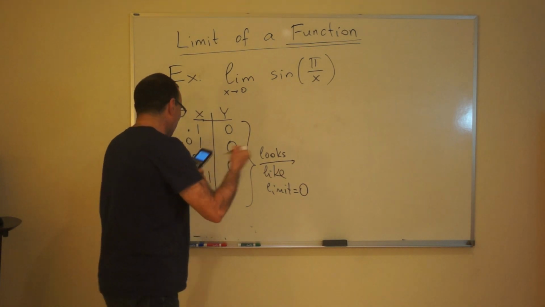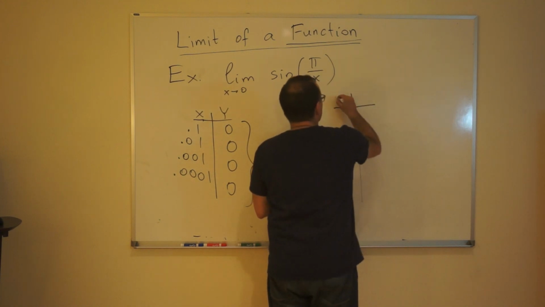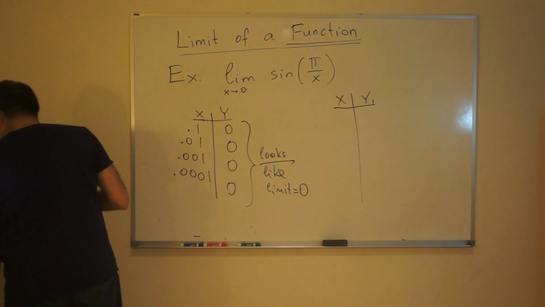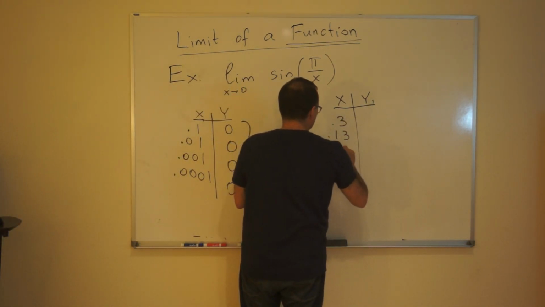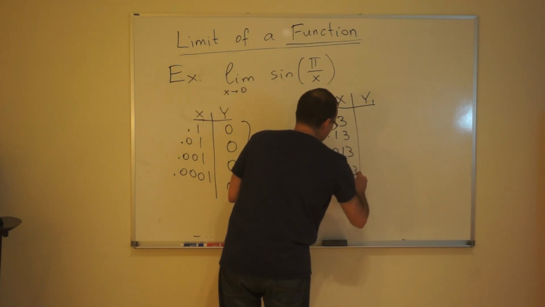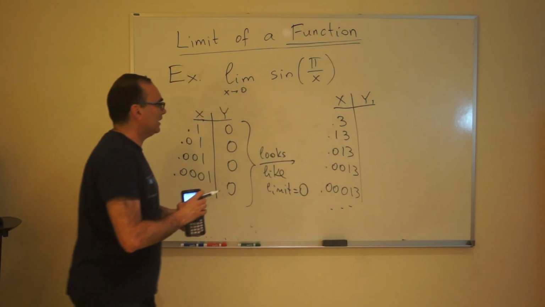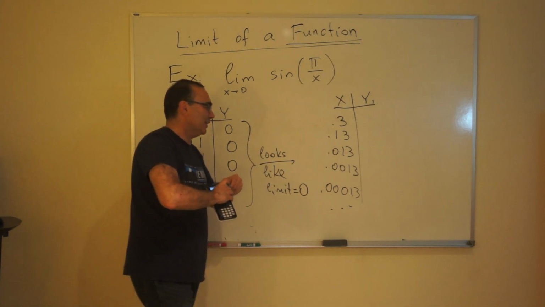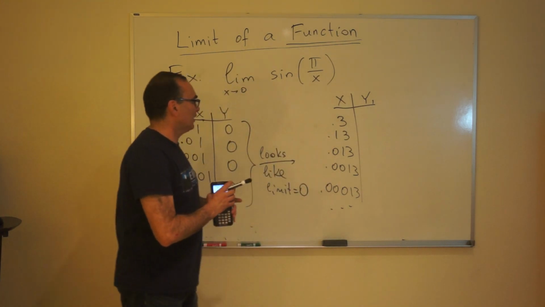The x values that I actually want to try for this example are the following: 0.3, 0.13, 0.013, 0.0013, 0.00013, etc. Like you see, every next x value is 1/10 of the previous x value. So each next x value is smaller than the previous, and they all approach 0. So x values still approach 0.